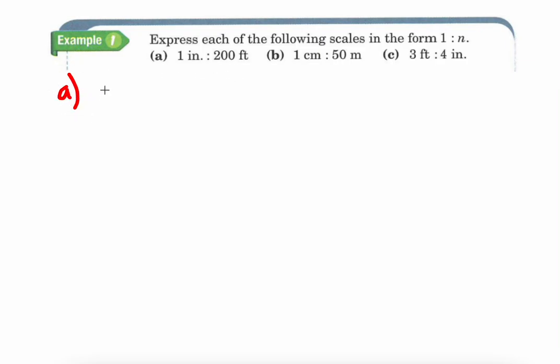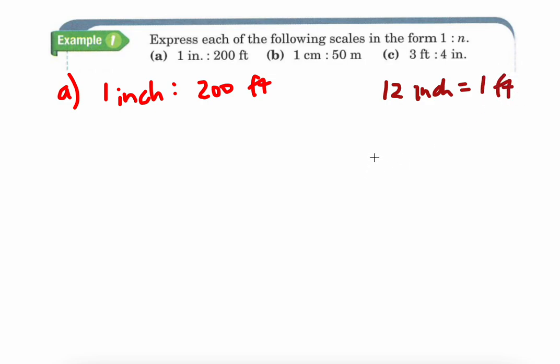So what I do need to do first is to change them both to either inches or feet. Now it's going to be much easier to change my feet into inches because I know that there's 12 inches in 1 foot. So I could solve this in 2 different ways.